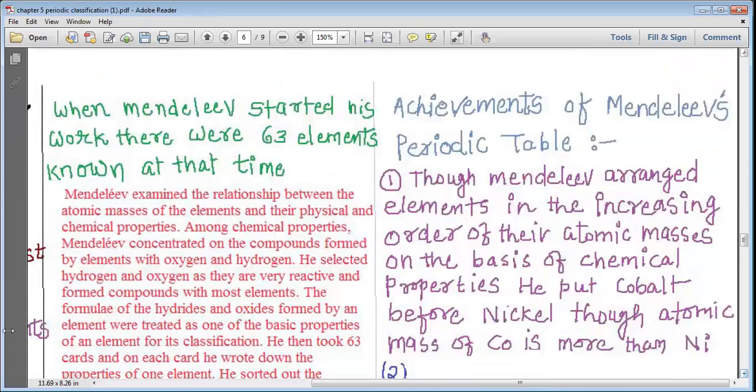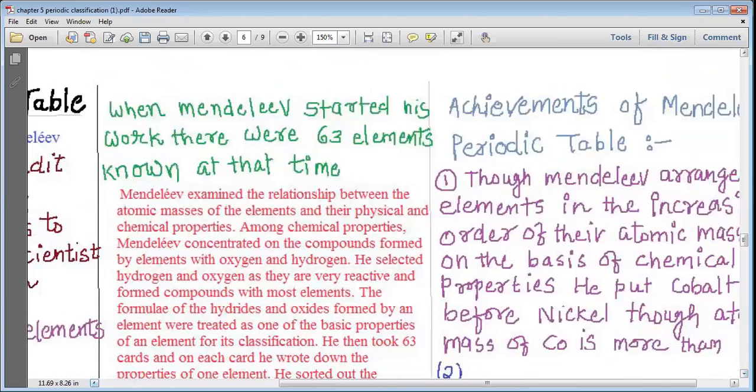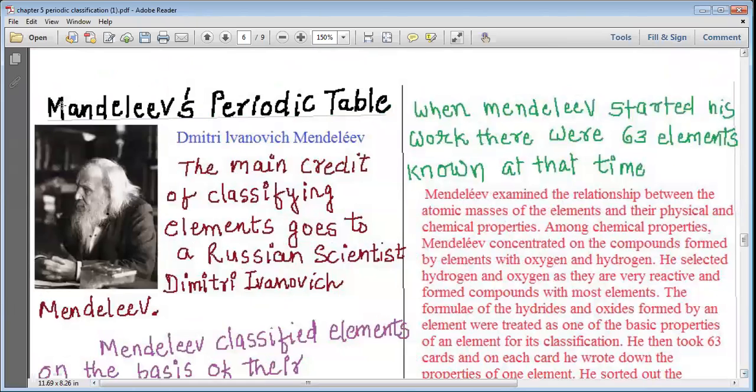Now, my dear students, we want to study a few more things, that is, Mendeleev's periodic table. You can see here the picture of a very great scientist. This is the picture of the scientist Dmitry Ivanovich Mendeleev.